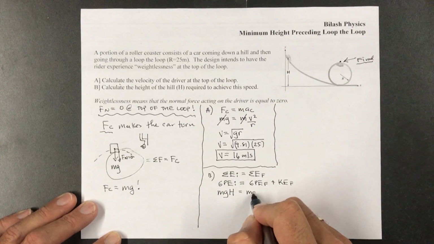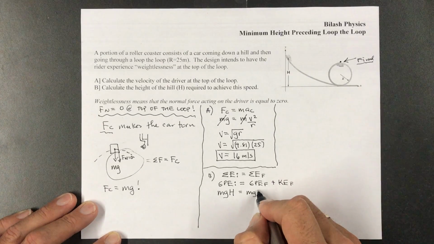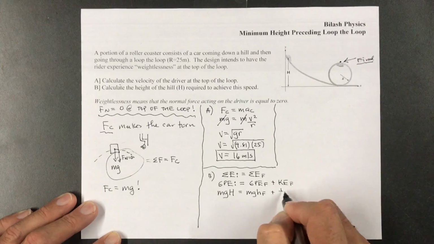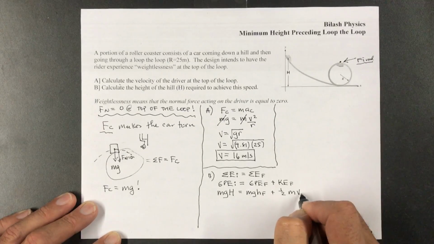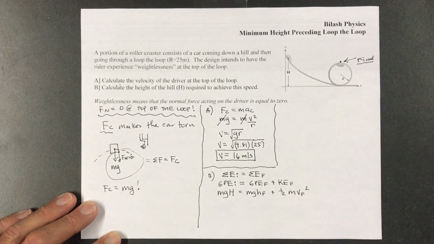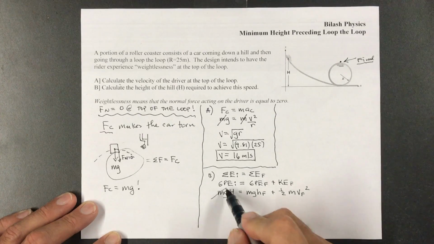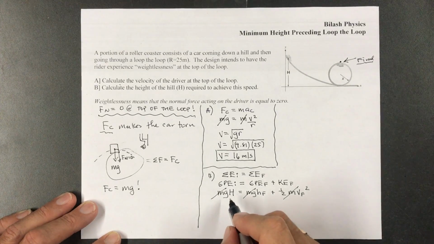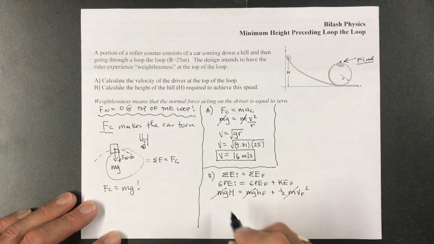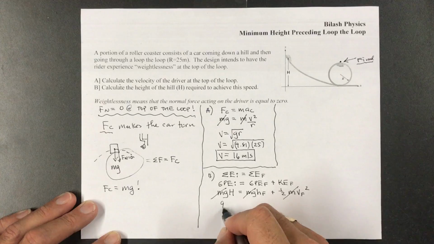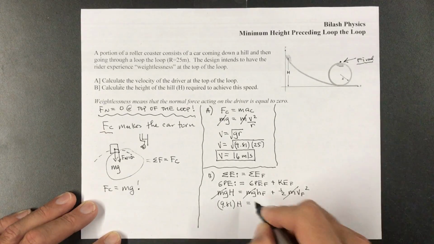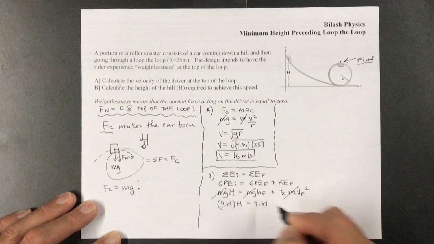That's going to be mg, let's call that H final, plus 1/2 m v final squared. So mass cancels, you see. So all the riders experience the same thing. And so g is 9.81. H is equal to 9.81.